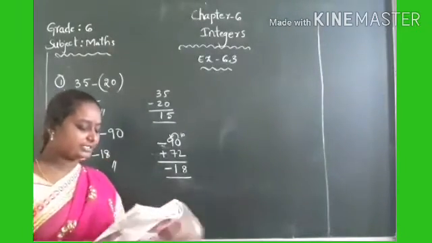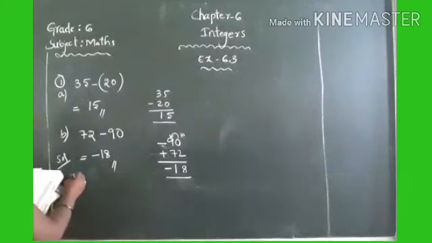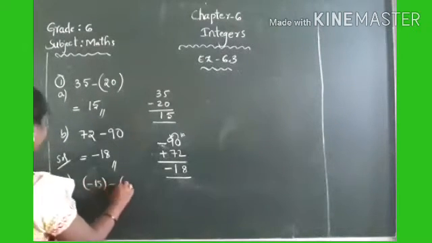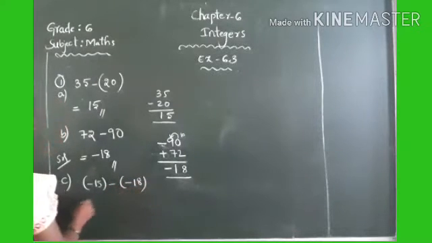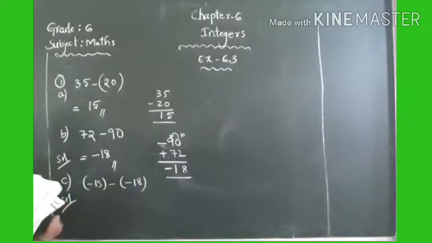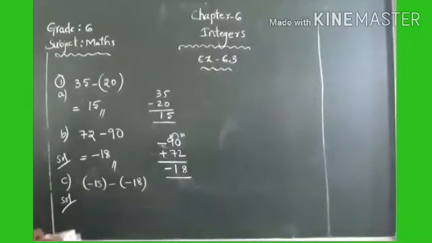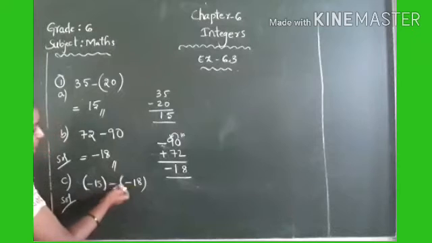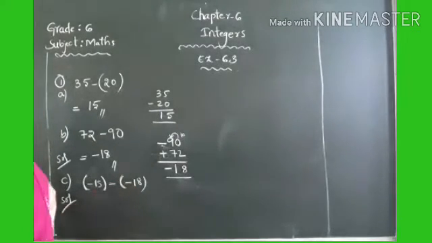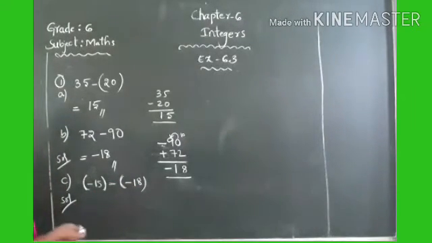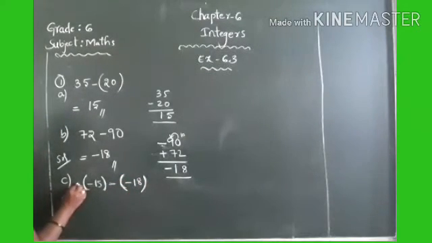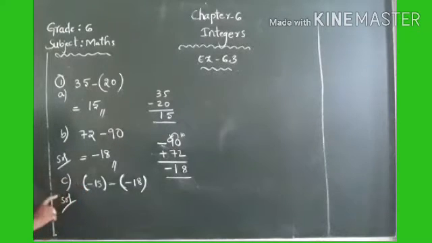Right. Next, C1: minus 15 minus of minus 18. Already I said, here minus 15 minus of minus, so two signs are there. We have to use the standard operations. Here in front of minus 15 nothing is there, so you should remember it is plus.